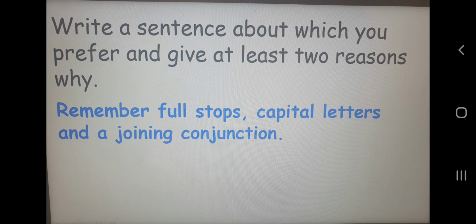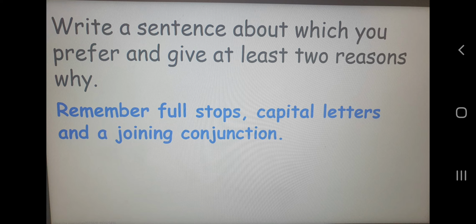Now, in your best handwriting, I want you to write a sentence or sentences about which you preferred. I want you to give at least 2 reasons. You may even want to write a sentence as well about which you didn't prefer and why.